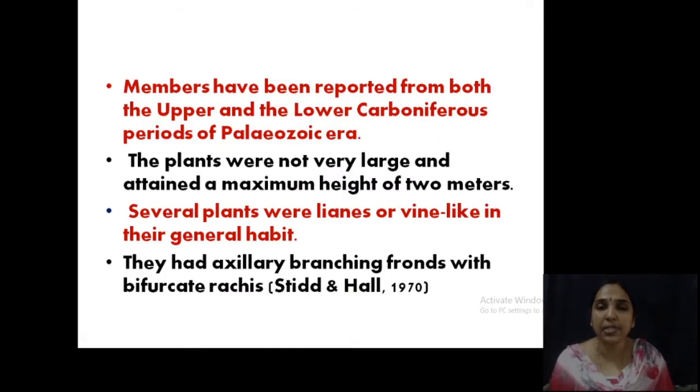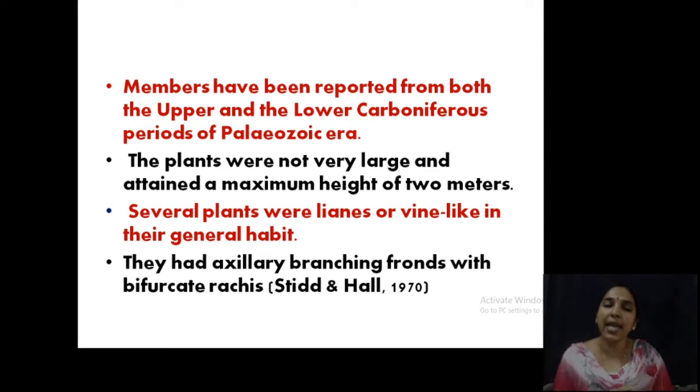The members of this family are distributed usually in the Lower Carboniferous period of the Paleozoic era. So, we know they flourished well in the Paleozoic era. The plants are very large with a conspicuous stem, having a maximum height of 2 meters, and they may be erect shrubs, trees, or lianas, meaning woody climbers.